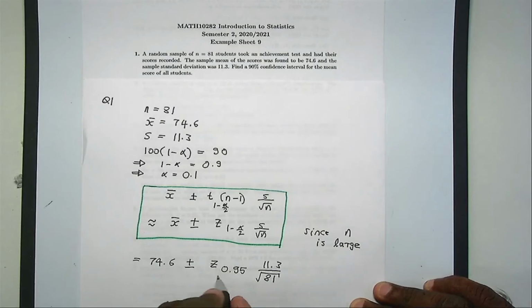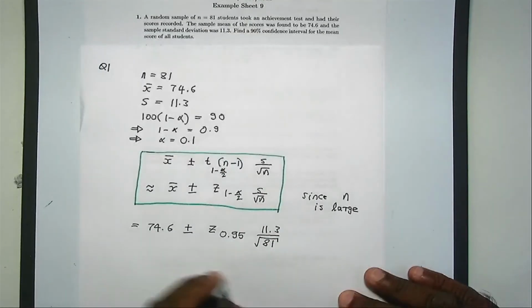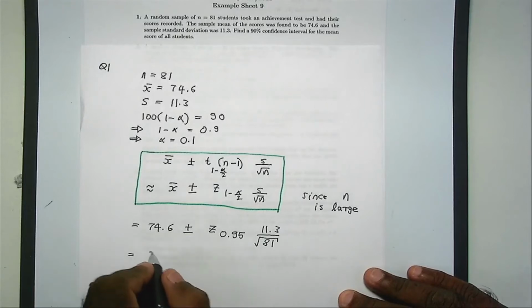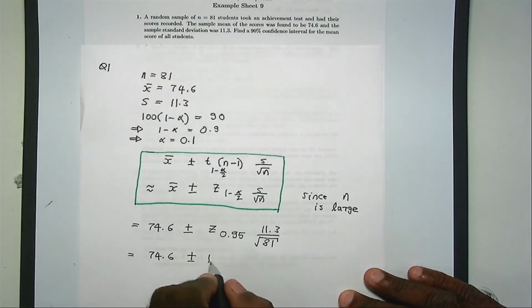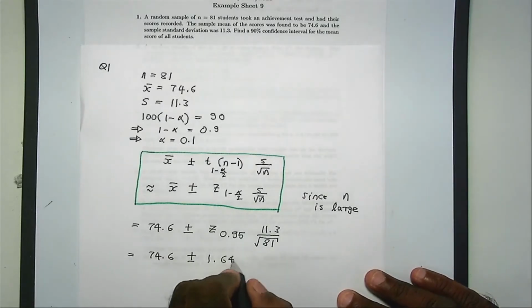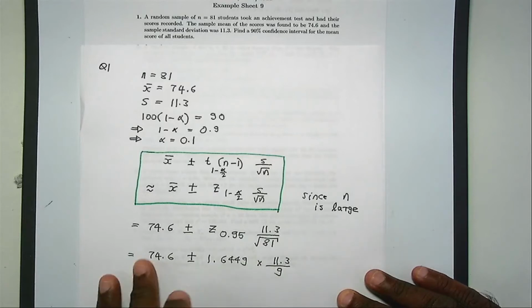Now you can read this off the table, and if you do, you will get 74.6 plus or minus 1.6449 multiplied by 11.3 divided by the square root of 81, which is 9.